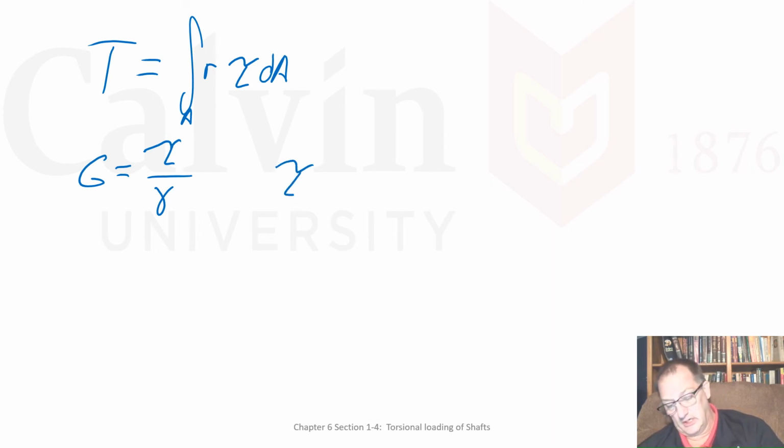So shear as a function of R and theta is equal to G times gamma, which is a function of R. Well, it's not a function of theta because we said it was a constant, but we still get the idea there. That's kind of sloppy, but I got it.